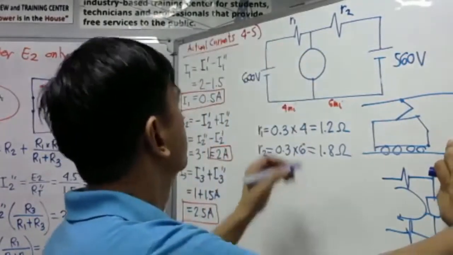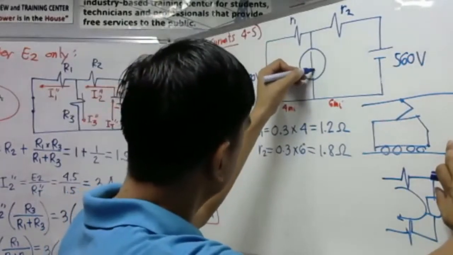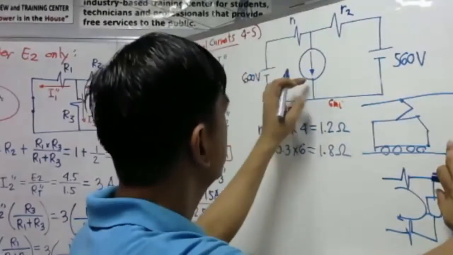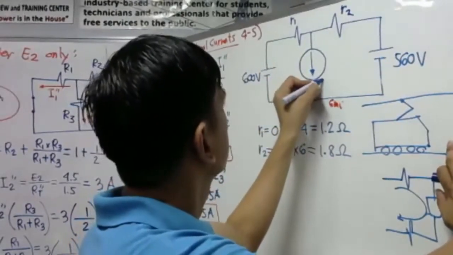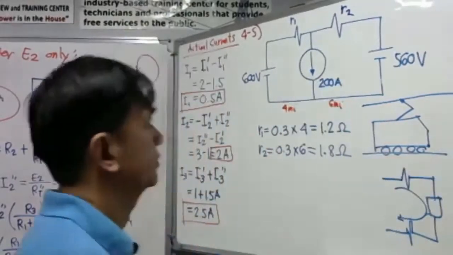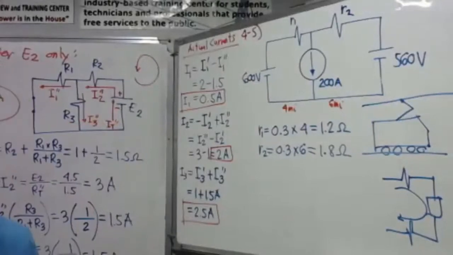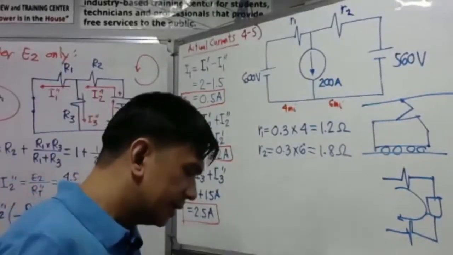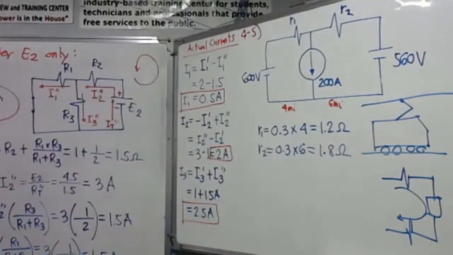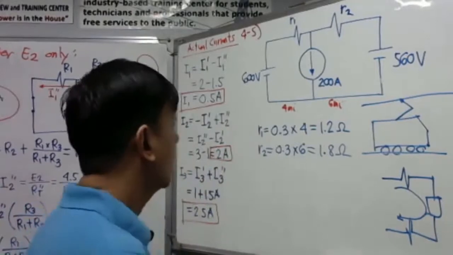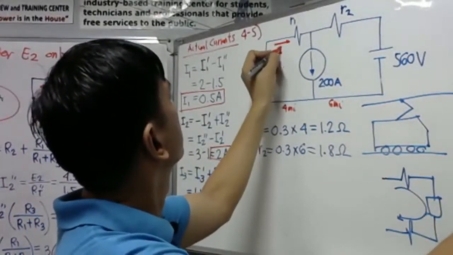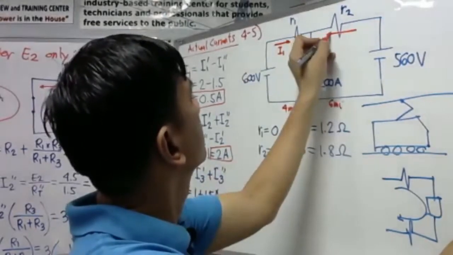So I will put here the 200 ampere source. And remember, I will designate this as our I1, and this is our I2.